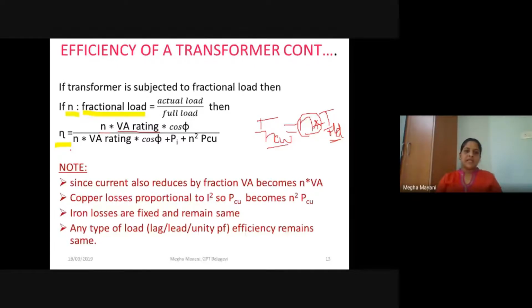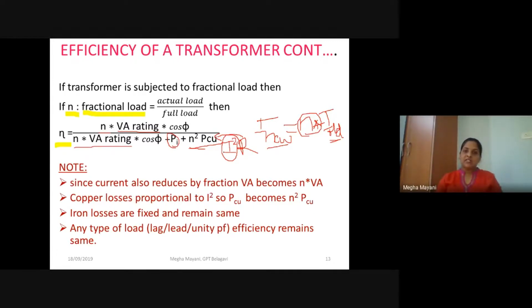But as I told, the iron loss or the core loss is fixed; it is not changing. The copper loss corresponds to I square R loss. Hence, when the current is changed to n times I, that has to be reflected in the copper loss.